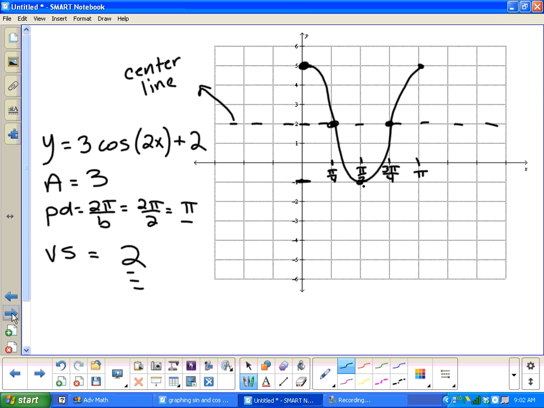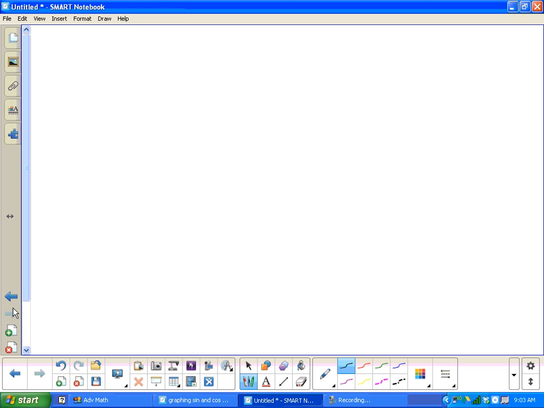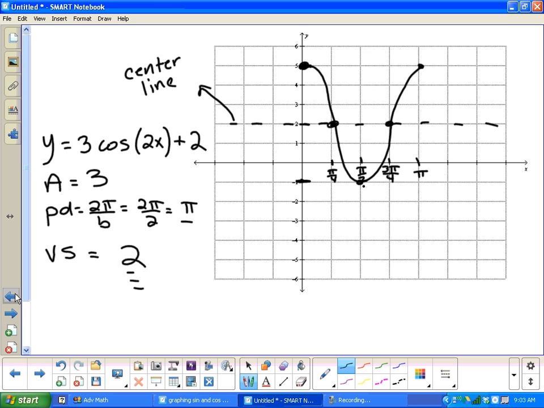All right, let's do a sine curve for the vertical shift. Because of the vertical shift, it starts up going to 2. So when I have a vertical shift, this is what I start with instead of the amplitude.